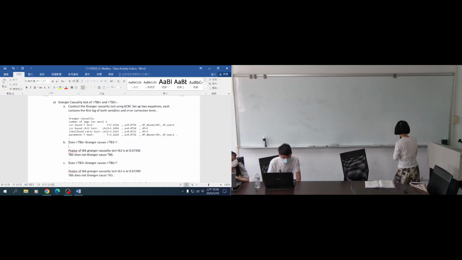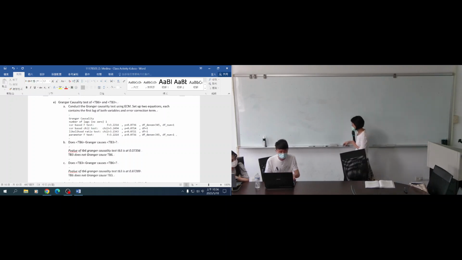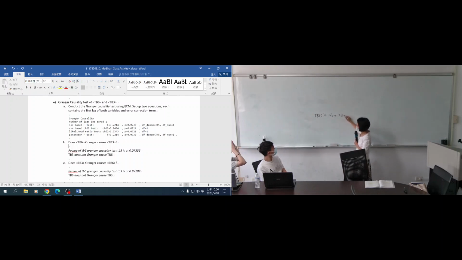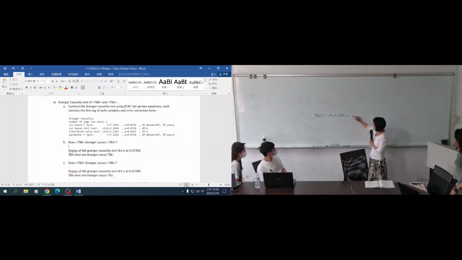If I do Granger causality, I will have TB6 as a variable, right? So alpha 0, then I have TB6 lag 1, something like this. This is alpha 1. If you just use lag 1, then maybe I'm using beta 1, and gamma 1 for TB3 lag 1.